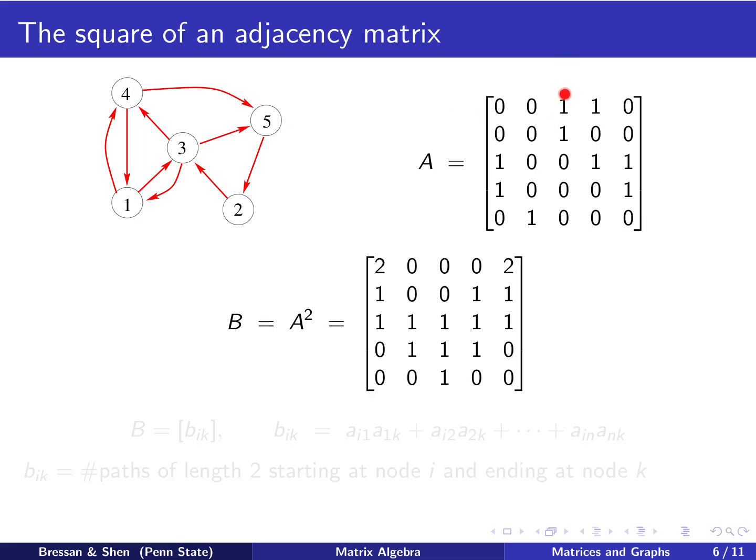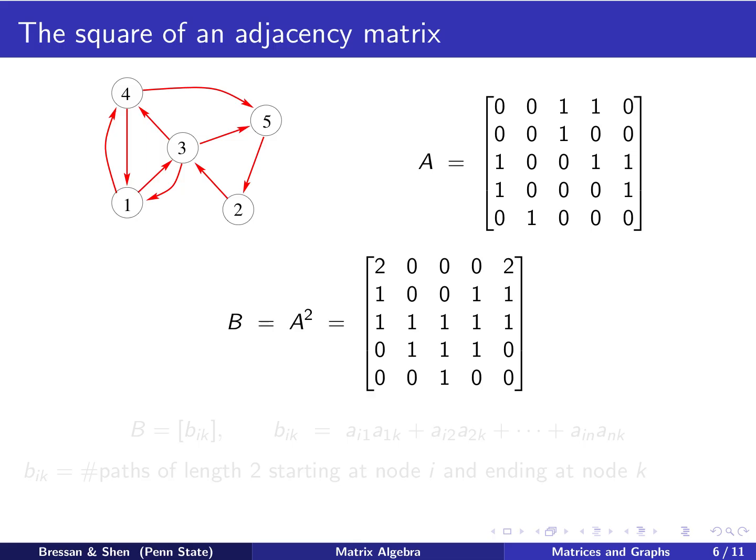This 1 means you can take one edge and go from 1 to 3. And for example, this 0 is position 5 and 1, which means from 5 to 1, if you go through one edge, there's no connection, so it's 0.